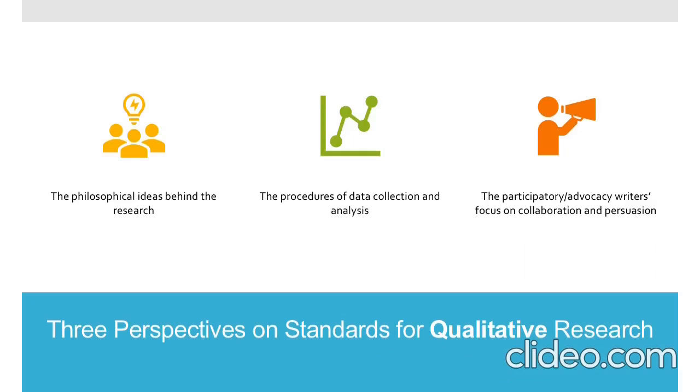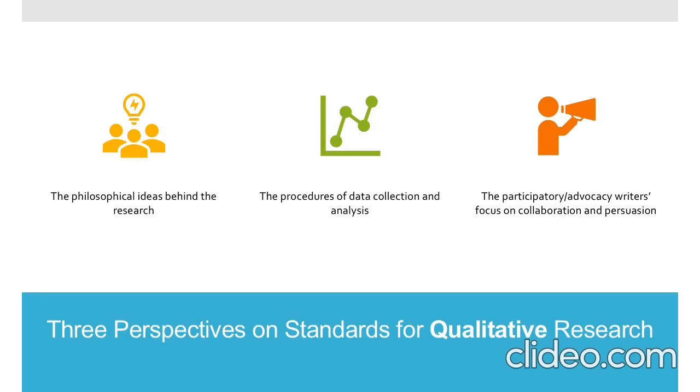Now, for qualitative research, criteria for a good research report vary depending on the emphasis of the researcher. Based on observation, criteria of evaluation for qualitative research revolve around philosophy, procedures, and participation. For example, as one interested in the philosophical ideas behind qualitative research, you might draw from perspectives about what constitutes knowledge.